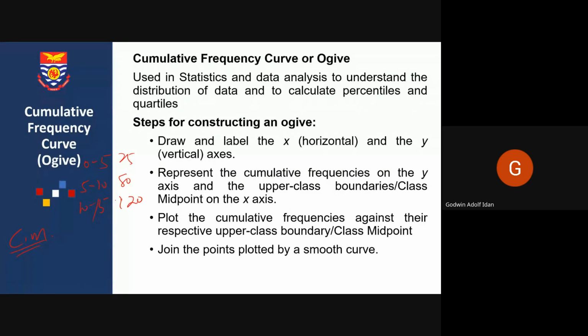And most importantly, it is going to help us to calculate percentiles as well as quartiles. This one is what we will look at in the next topic. So I will hold it here, but you should always bear in mind that the cumulative frequency curve, or the ogive, helps us to know the percentile distribution of the data as well as the quartile distribution of the data.